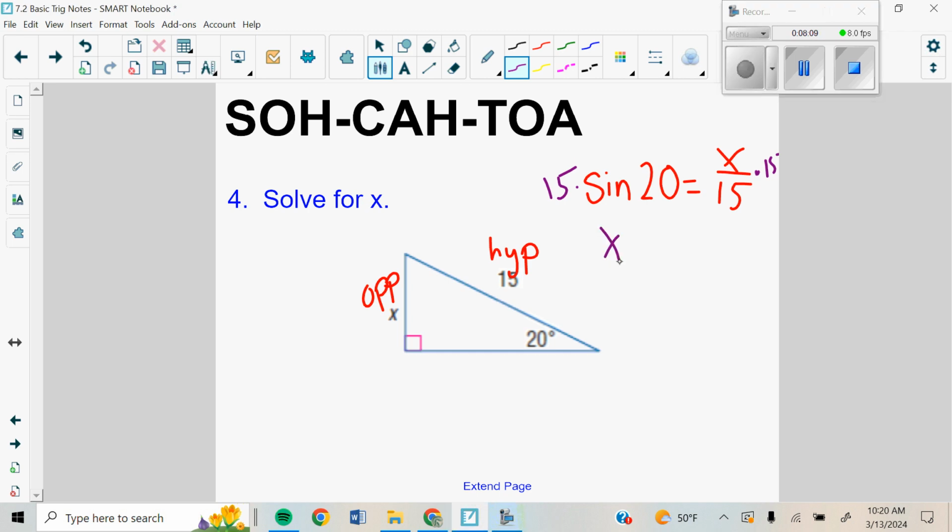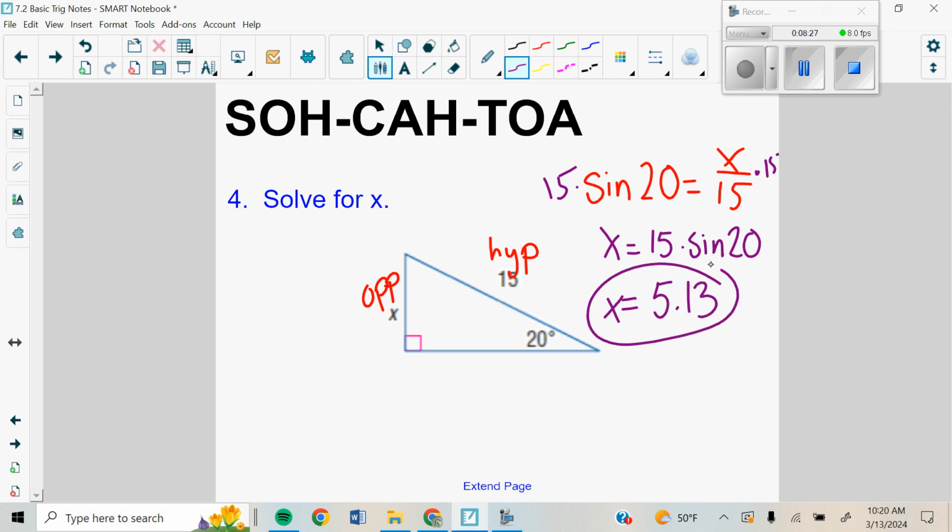And so I get x equals 15 times the sine of 20, and that's what you're going to go ahead and type into your calculator. Now, at this point, we are going to get a decimal answer, and that's okay. We just don't want to use a decimal answer like in our fractions. So here we get 5.13.